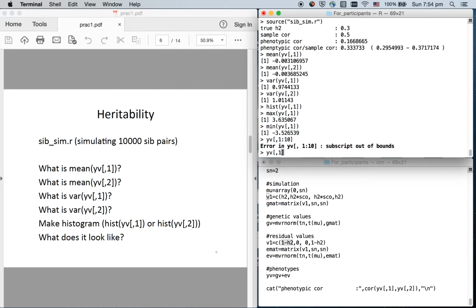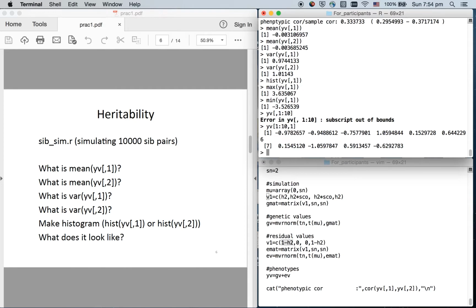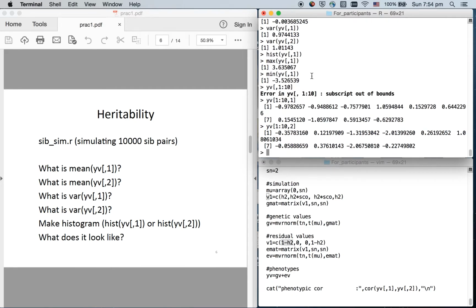But you can probably compare the first 10 records. Sorry, the other way around. So 1 to 10. Yeah, so this is the first SIP and this is the second SIP. Then you can see this is from the first to 10th family, first twins, digit twins, and second digit twins.